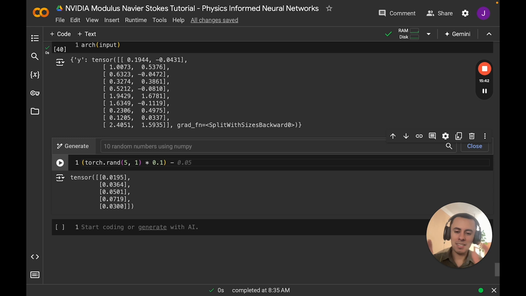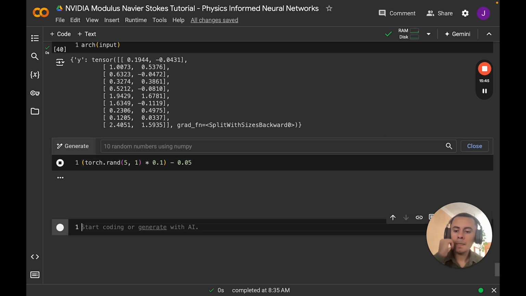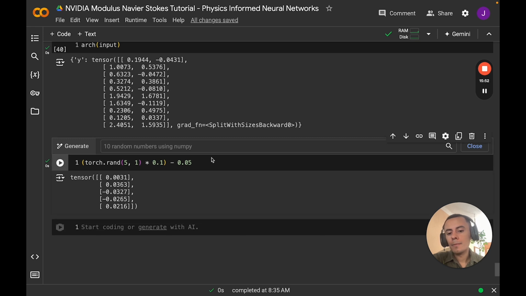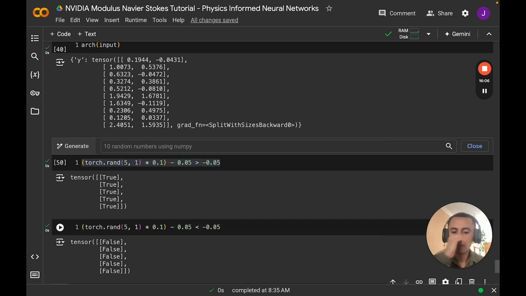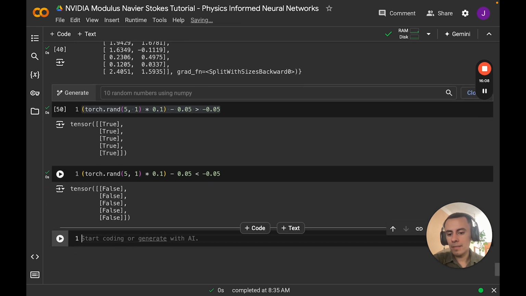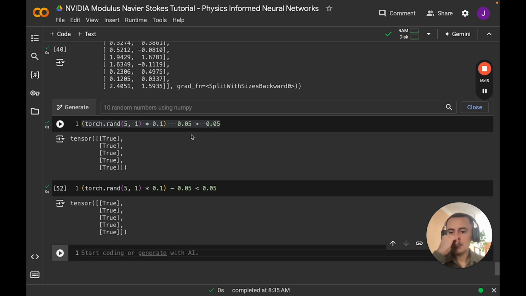So we just shift it a little bit. That's one way of getting that. Now we have something that is always more than minus 0.05 and less than or equal to 0.05, right? So this is how we're going to get our domain.